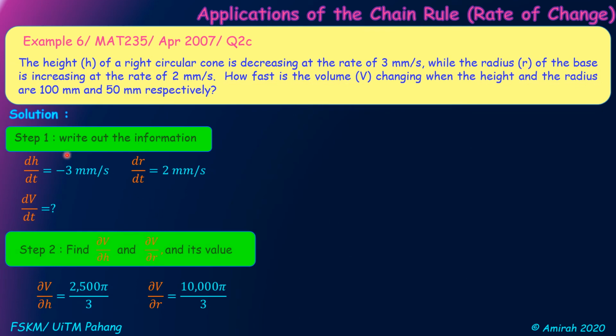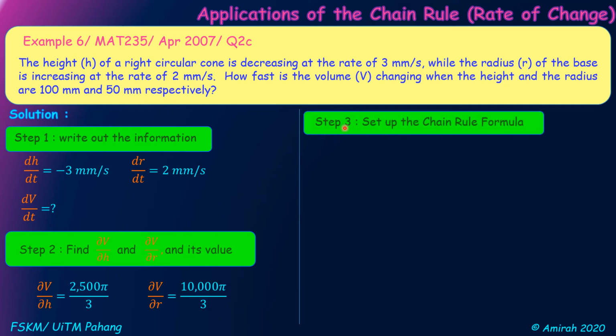Alright, from the previous slide, we did step 1, write down all the information, and step 2, find del v over del h and del v over del r and their values. So we get this. Now we can continue with step 3, set up the chain rule formula. From here, we want to find dv over dt.